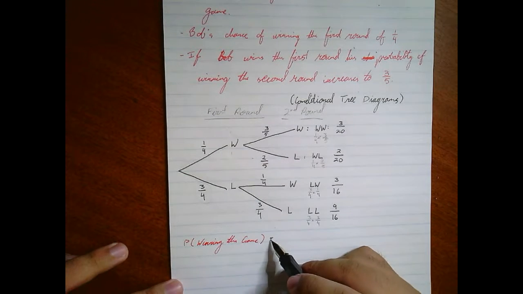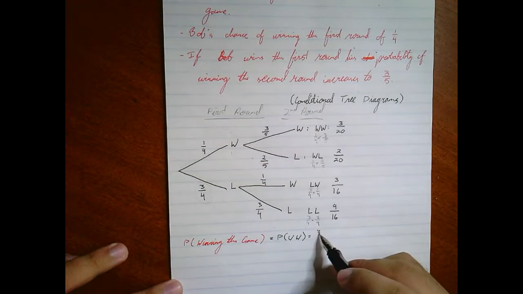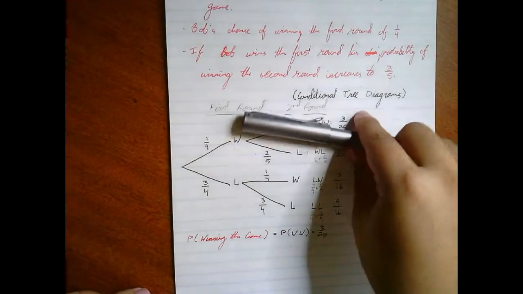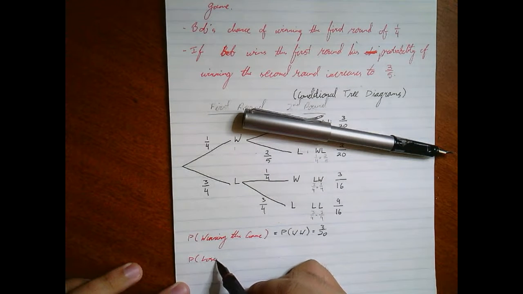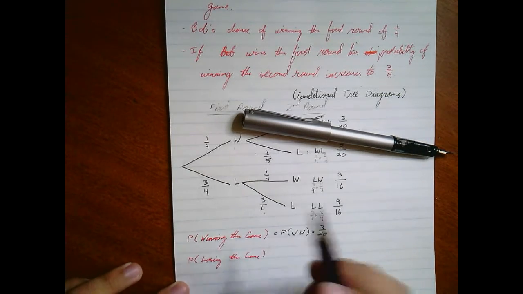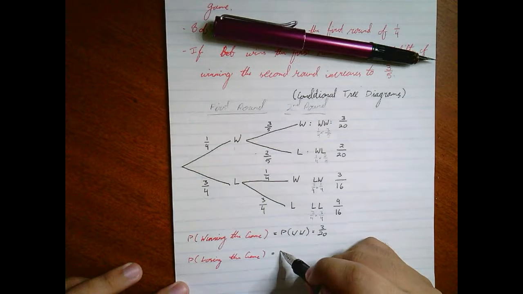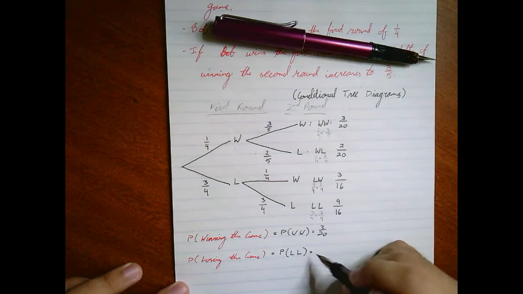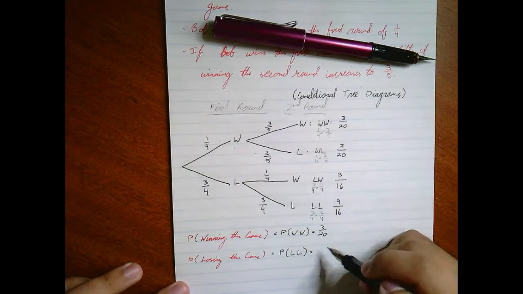So it's the same as the probability of getting a win-win, which is 3 in 20. Well, what would the probability of losing the game be? Well, that's the same as the probability of getting a loss and then a loss. We've calculated that as well. We already have it here. It's 9 out of 16.